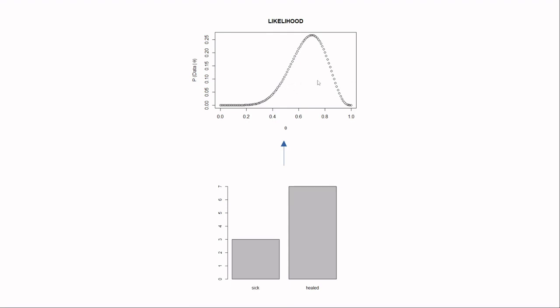The spread of this distribution obviously will depend on how large our sample has been. Now, at the end of the day, that's not really what we want, right? We don't want here the probability of the observed data given our parameter, but rather we want to know the probability of the parameter given our data. So having this observation, what would be the probability that this underlying parameter is 0.7?